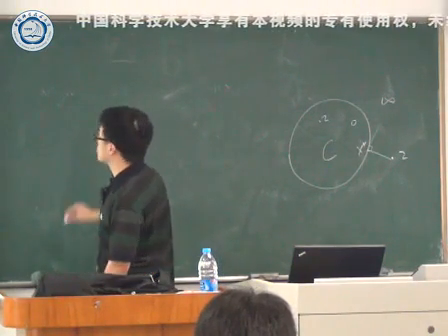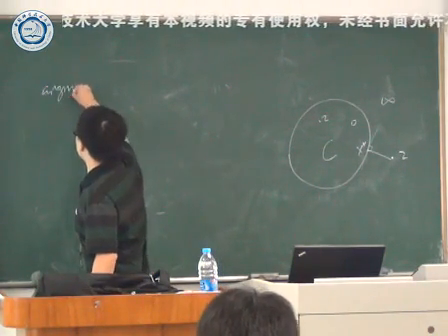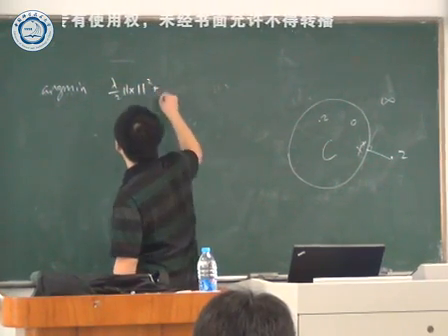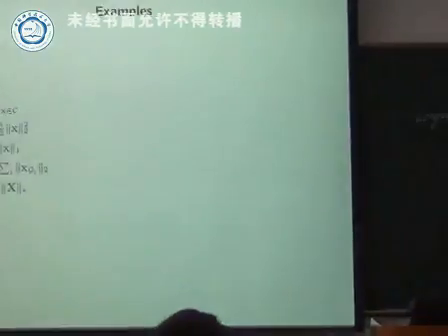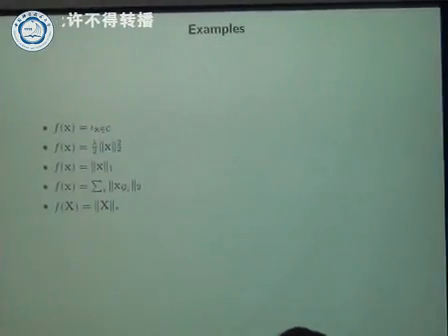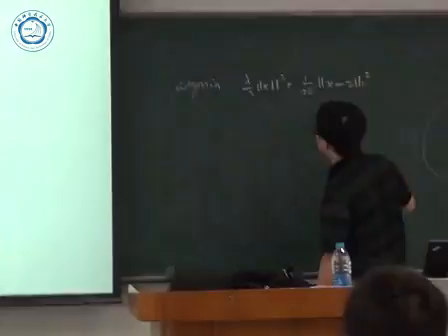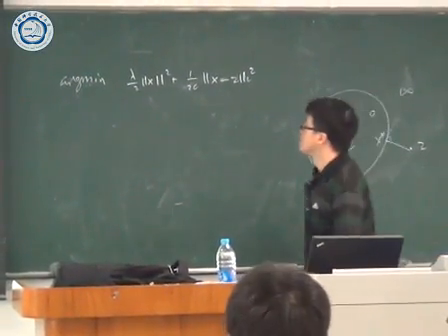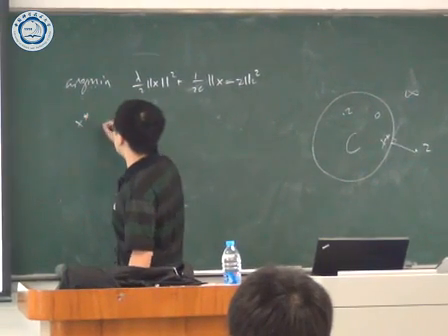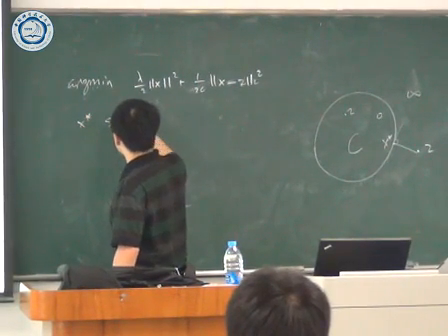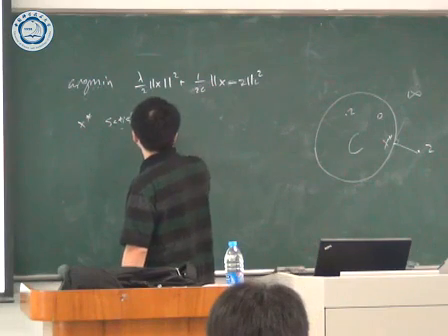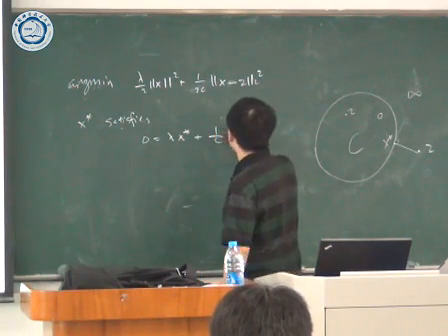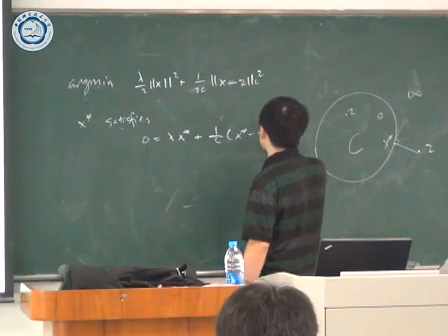The second one is even simpler. You're going to do arg min of lambda over 2 norm squared plus 1 over 2c norm of x minus z, 2 norm squared. Is this simple? It's a quadratic. Just take the gradient. So the solution x star should satisfy 0 equals lambda x star plus 1 over c times x star minus z.